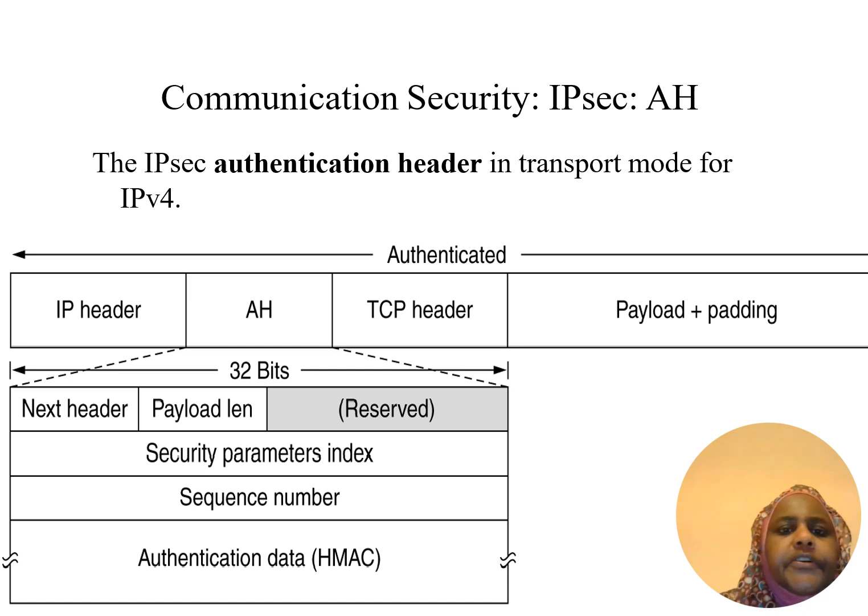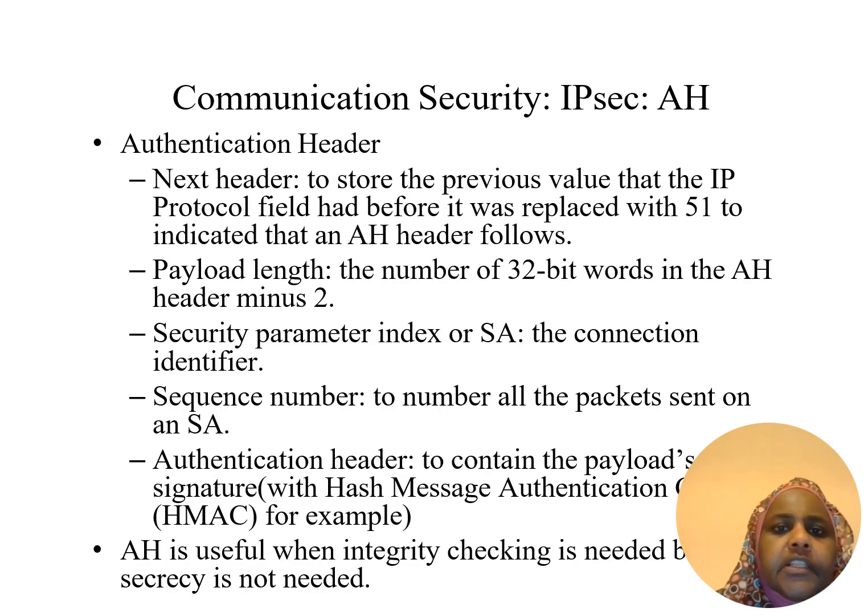The IPsec authentication header is inserted directly after the IP header, before the TCP header. It has a 32-bit word size and multiple fields. The next header field stores the previous value of the IP protocol field before it has been set to 51 to indicate an authentication header. The payload length is the number of 32-bit words in the authentication header minus 2.